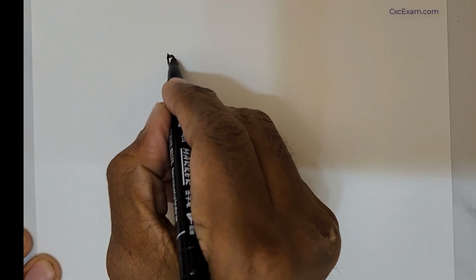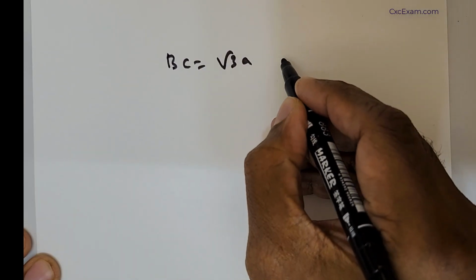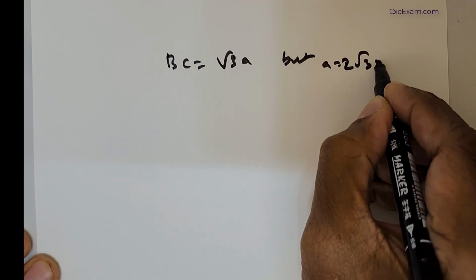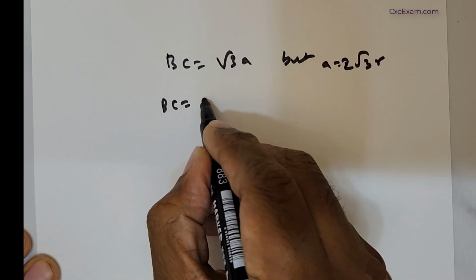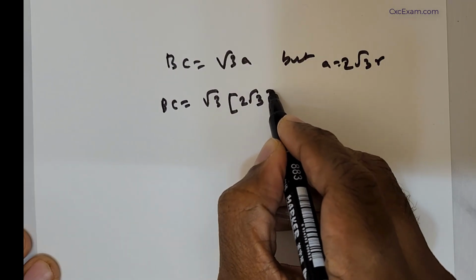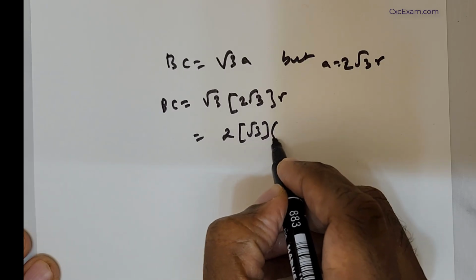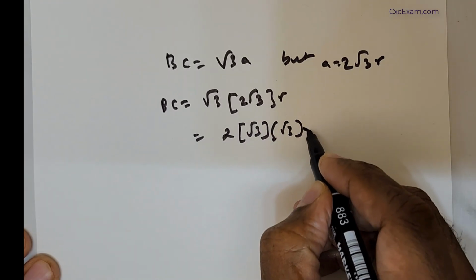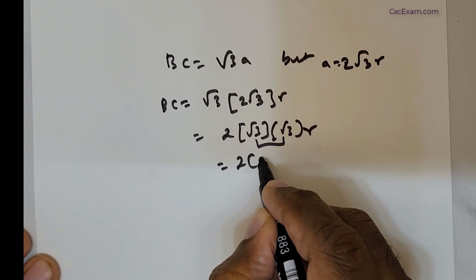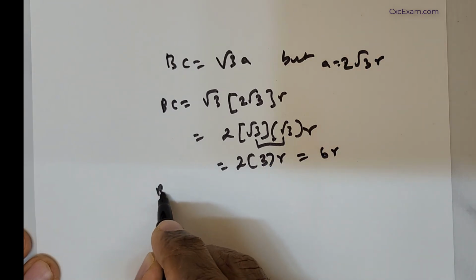So this means, as I mentioned to you, we have BC is equal to root of 3 times A, but A is 2 times the root of 3R. So BC is equal to root of 3 times 2 times root of 3 times R, which can be rewritten as 2 times root of 3 times root of 3 times R, which is going to give me 2 times 3 times R, which is 6R.